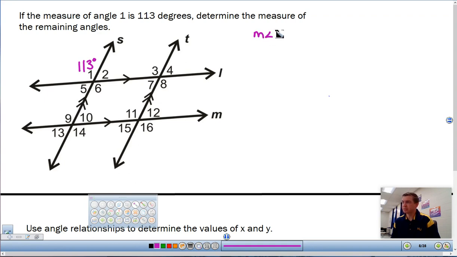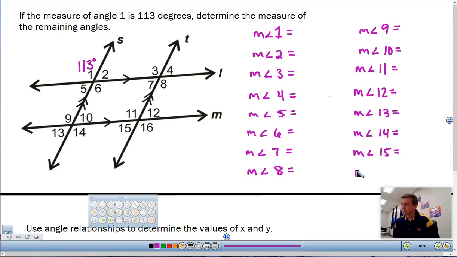I'm going to write these out. Okay, if this is 113, I should be able to know the measure of angle 2, 5, and 6 pretty easily.